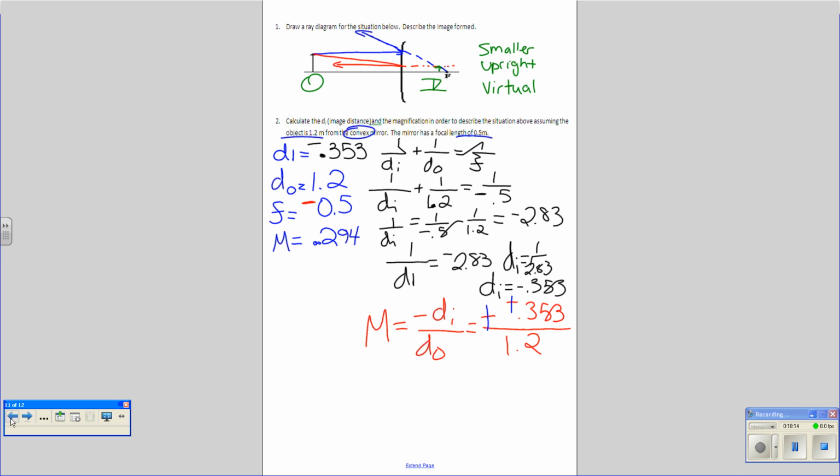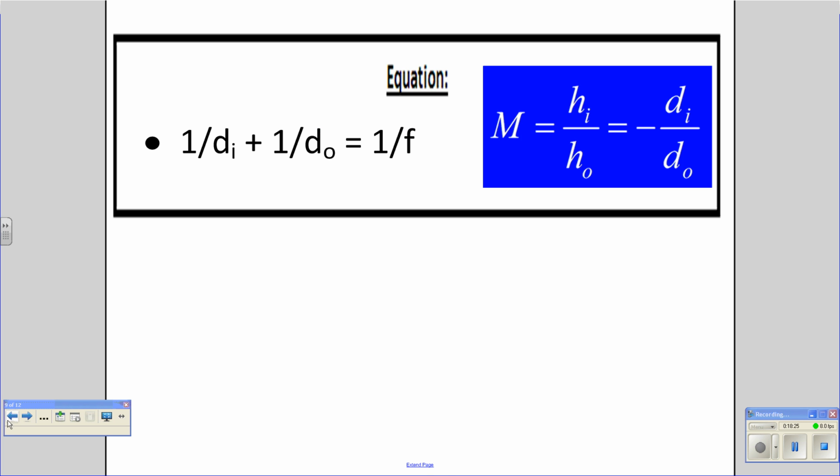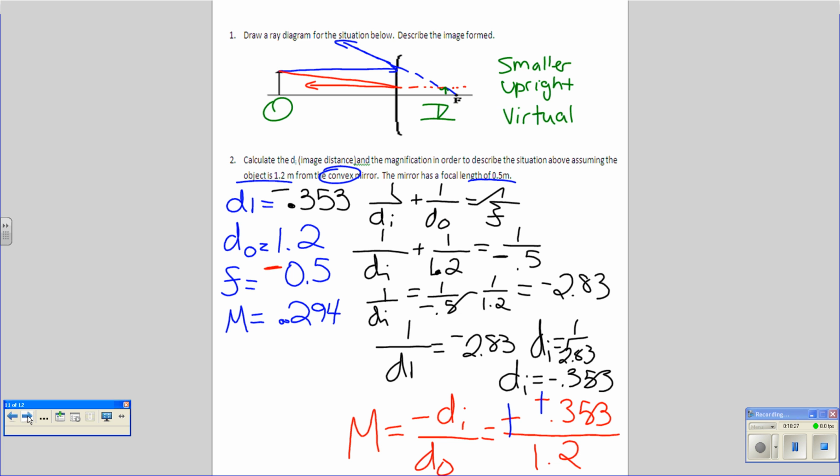Alright, so if we go back to our describing thing, DI is less than 0, which means it's a virtual image. Okay? Going back, not forward. DI is less than 0, so it's a virtual. Magnification is a positive number.